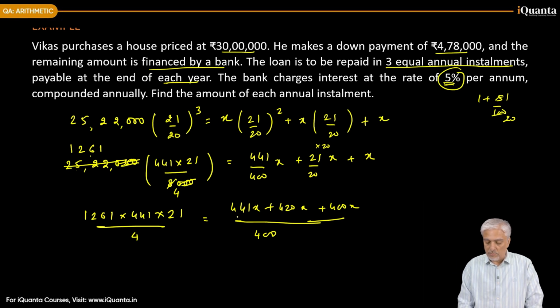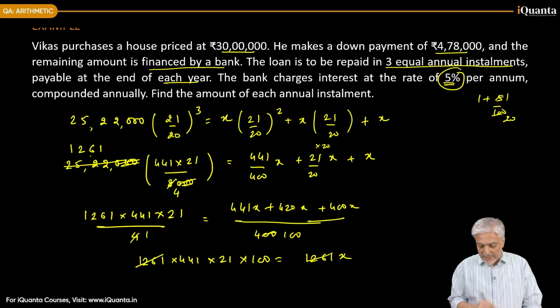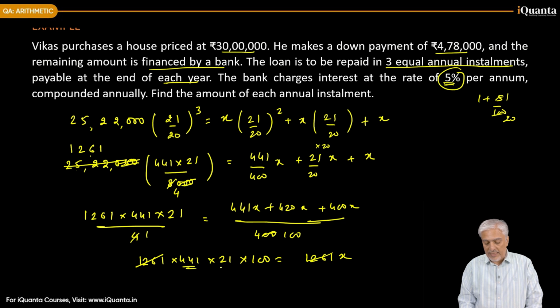Wow, I've got lucky and this will become exactly 1261. 4 ones are 4 hundreds are. So this is 1261 into 441 into 21 into 100 is equal to 1261x. And this 1261 exactly cuts over here. So x is nothing but 441 into 21 into 100.